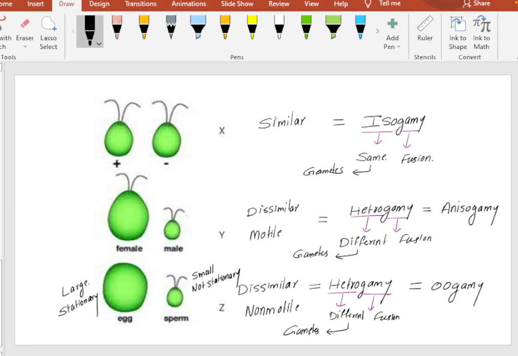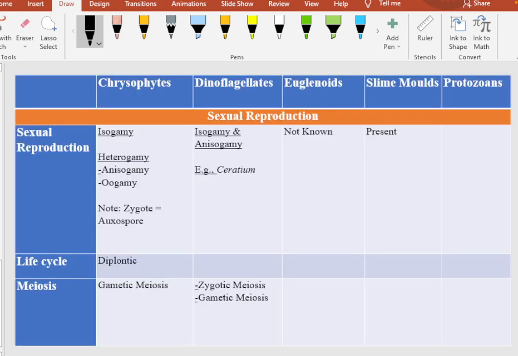In anisogamy, dissimilar gametes, but both are motile. In oogamy, dissimilar gametes, non-motile. Flagella may be present, may not be present. Only the male is motile, we can say. Here both are motile. So that is the concept of anisogamy, oogamy and isogamy.